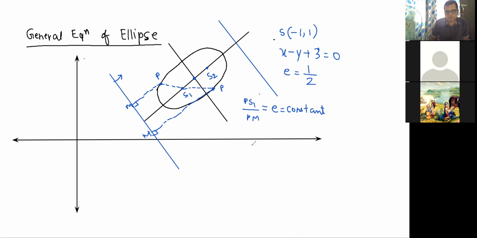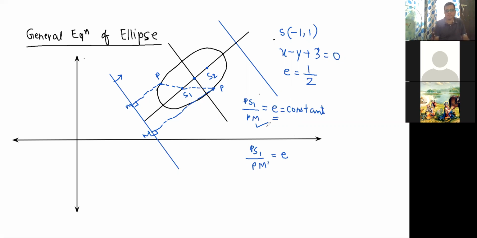So PS1 by PM dash is equal to e, the same value. Anywhere you move the point on this ellipse, this ratio will be constant, the same value e. So in this case, what is the value of e in the question which is given?